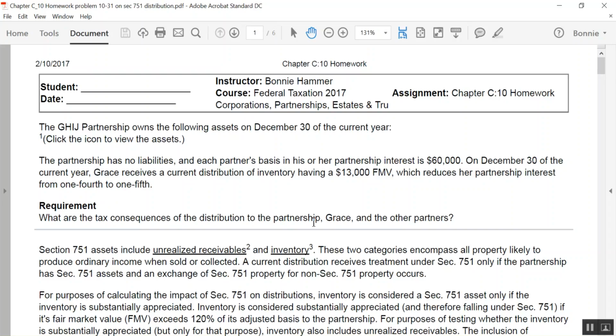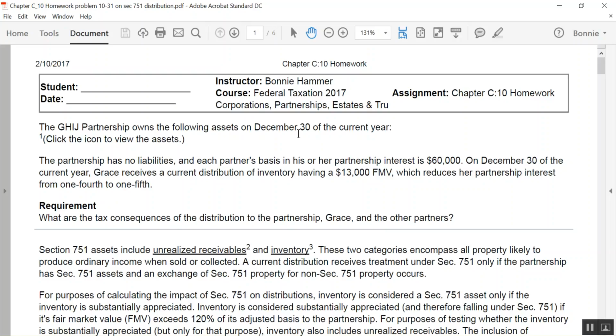Okay, so the very first thing that we need to know is what a 751 asset is. And help me solve this is a beautiful thing. What it does is it lays out for you the rules first, and then as you're going to see in this 6-page document, which I did for this whole problem using help me solve this, you still have to get the right answers, otherwise it pings you until you get the right answer, right?